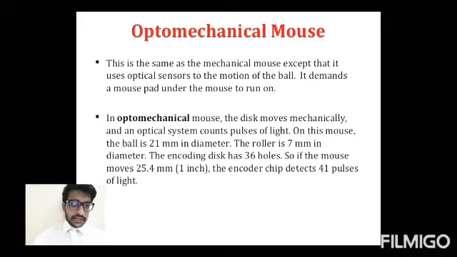Optomechanical: the tracking is mechanical and the optical system counts pulses of light. In the mouse, the ball has a 21 millimeter diameter, the roller is 7 millimeters, and the disc has 36 holes, so as the mouse moves, 25.4 millimeters is 1 inch of course. The chips detect the pulses of light.